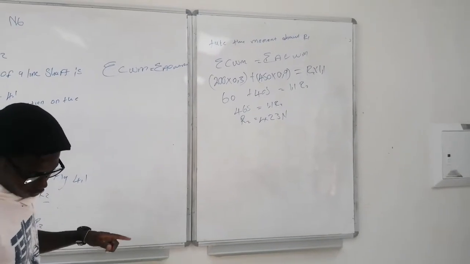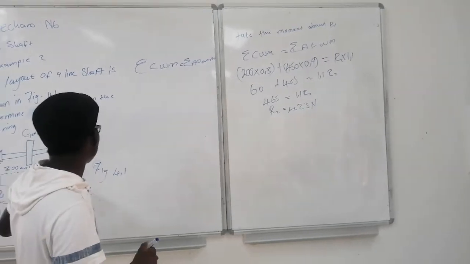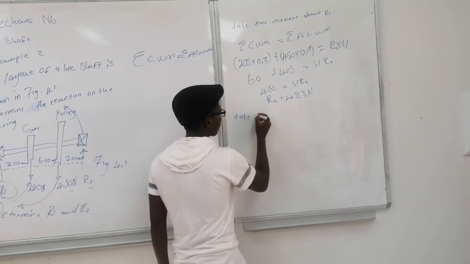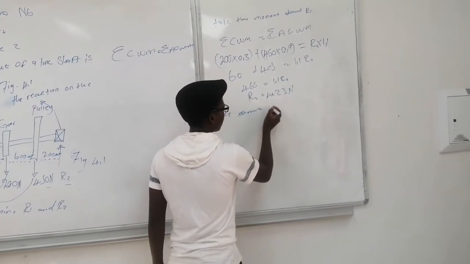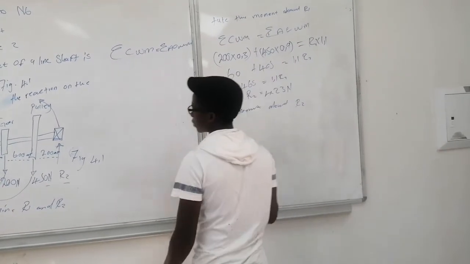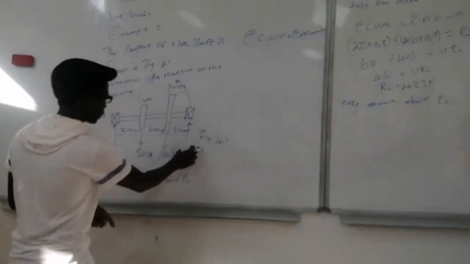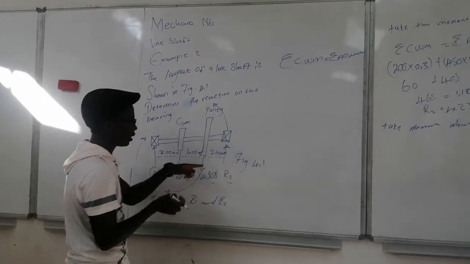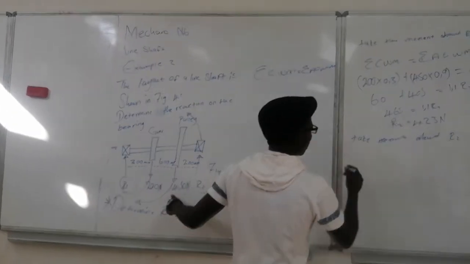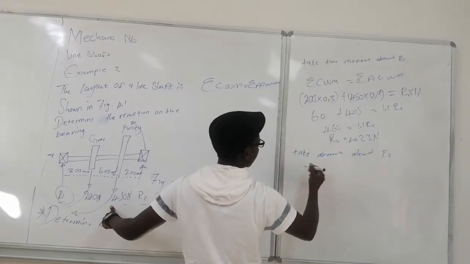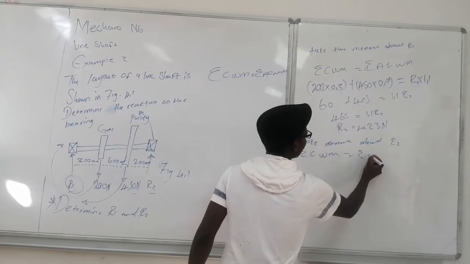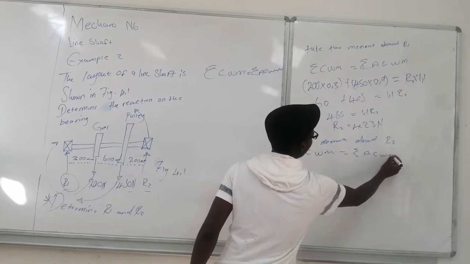So here we're going to R1. Now we take moment about R2. When we take moment about R2, it means we are counting from here to that side. The first one, when we are starting from here, is the pull. Sum of clockwise is still the same, even though I don't write it, but I will write it for understanding.